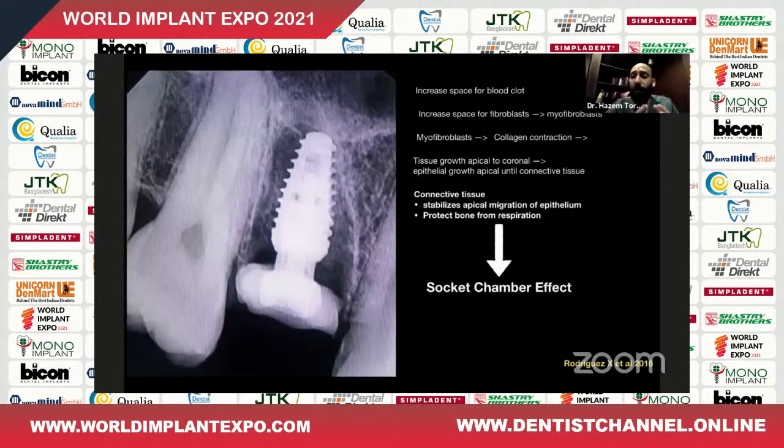Now, we also heard about the socket chamber effect. The socket chamber effect is actually based on the design of the implant abutment junction, whether it will allow for volume or space for the biological width to form, in order for the connective tissue attachment and the epithelial attachment to form on the abutment surface and not the implant.